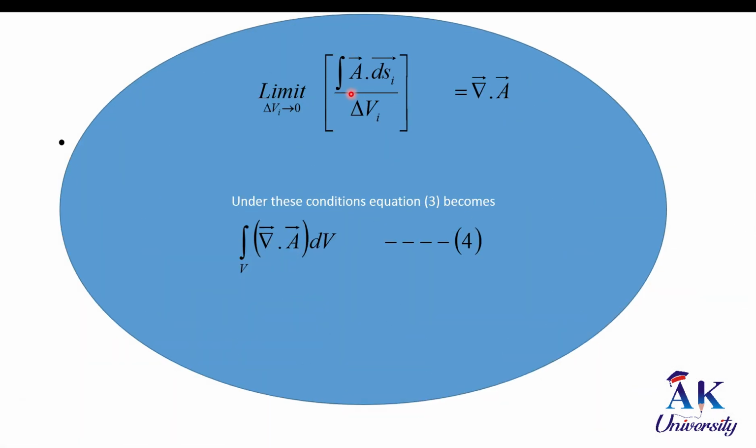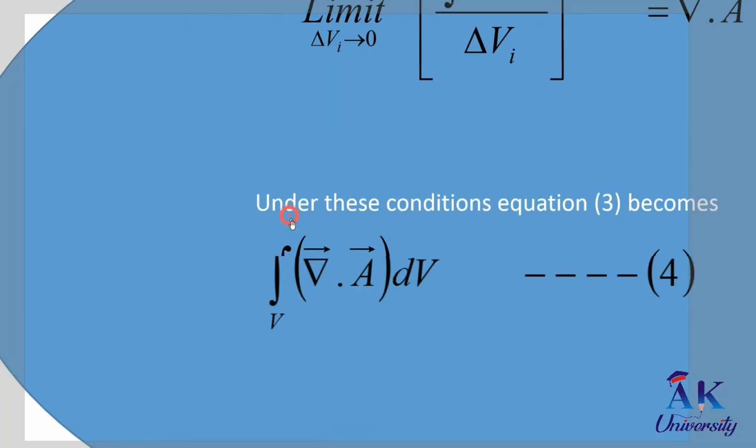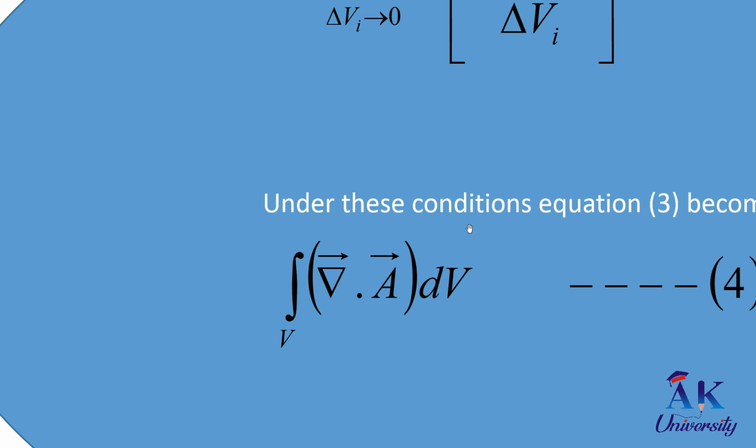The limit is applied on the middle portion of the previous equation, and as I already said, the limit of this portion is equal to del dot A, which is the divergence of A. So put this value into equation 3, and it becomes equal to the volume integral of the divergence of A. Actually this portion is the net flux.